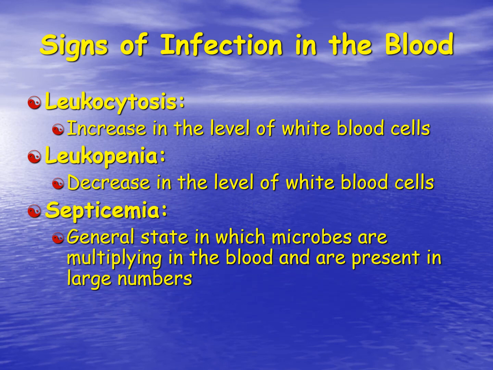Septicemia is the general state in which microbes are present and multiplying and growing in the blood and are present in extremely large numbers. So if I have a septic patient, that means I have got microorganisms reproducing in the blood all over the place.